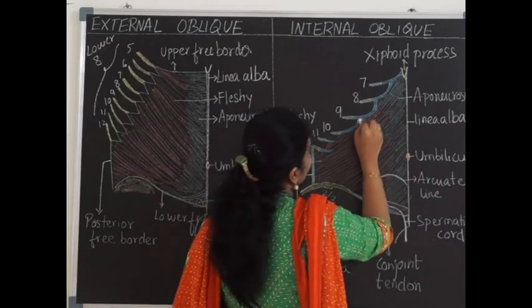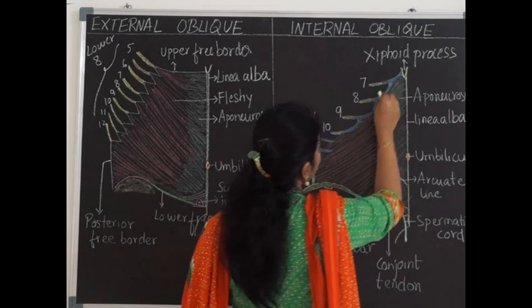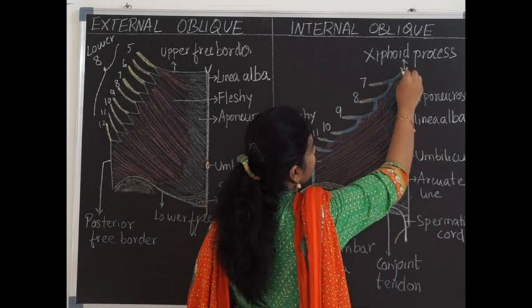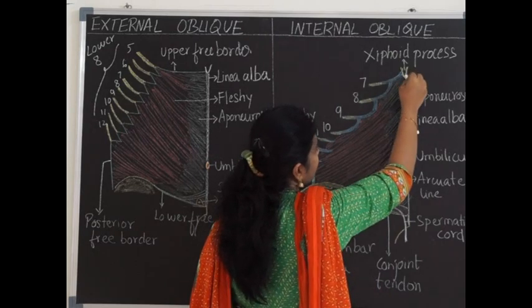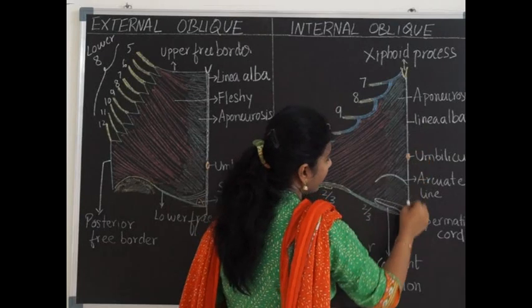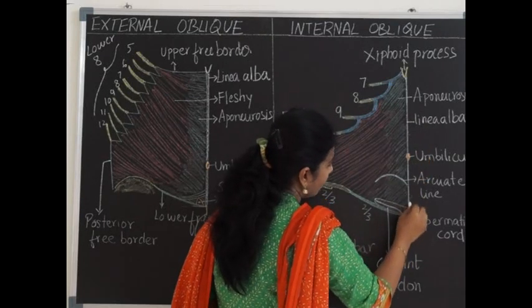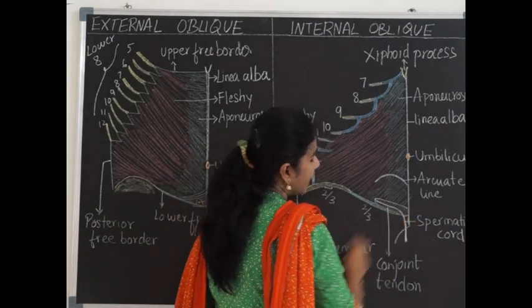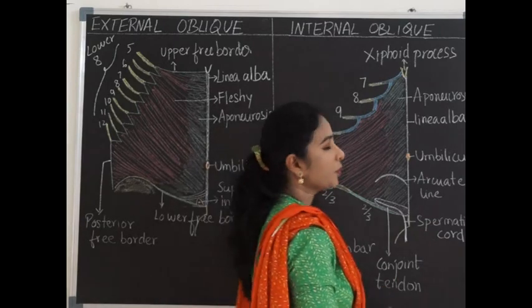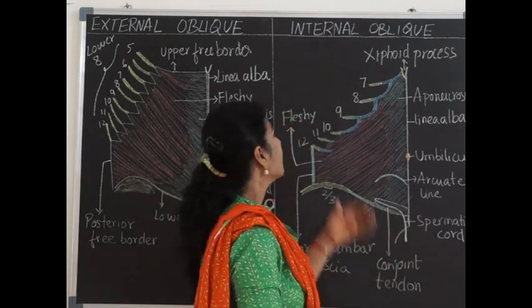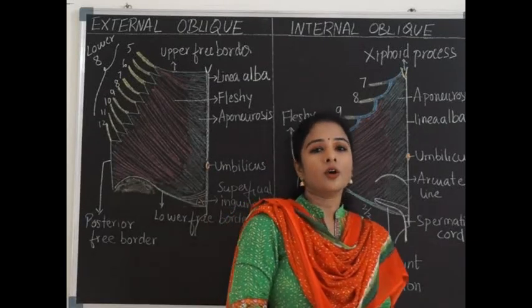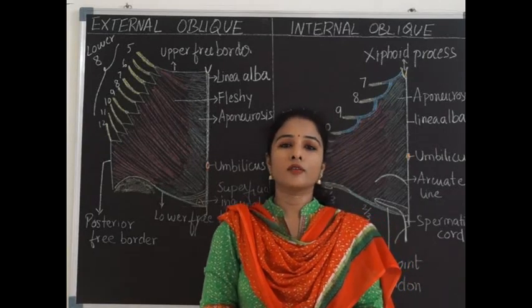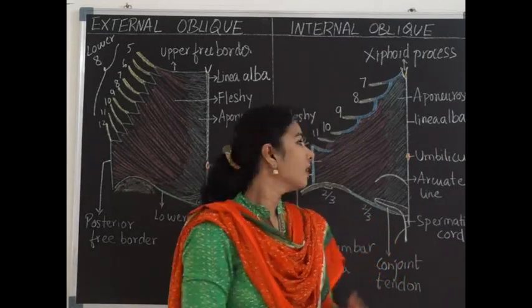It gets inserted to the costal cartilages of the 7th, 8th, 9th ribs, and the uppermost fibers get inserted to the xiphoid process and anteriorly to the linea alba, and further down till the lower part of the linea alba, and it also gets inserted to the pectineal line and pubic crest of pubis. So that is about the insertion of the internal oblique muscle. Internal oblique muscle continues to form the cremaster muscle, and it also takes part in the formation of a conjoint tendon.